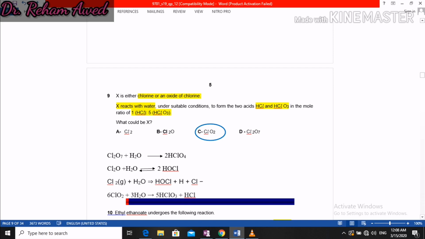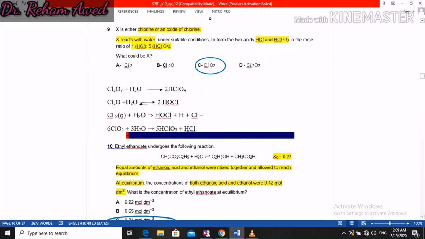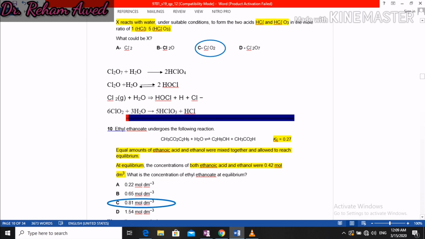So we can have the following equations: the first equation, second equation, third and fourth. From the equations we can say that when ClO2 reacts with water, we will have 5 moles of HClO3 plus hydrochloric acid. So the correct answer is 9. It is just for memorizing the equations. Okay, next question.